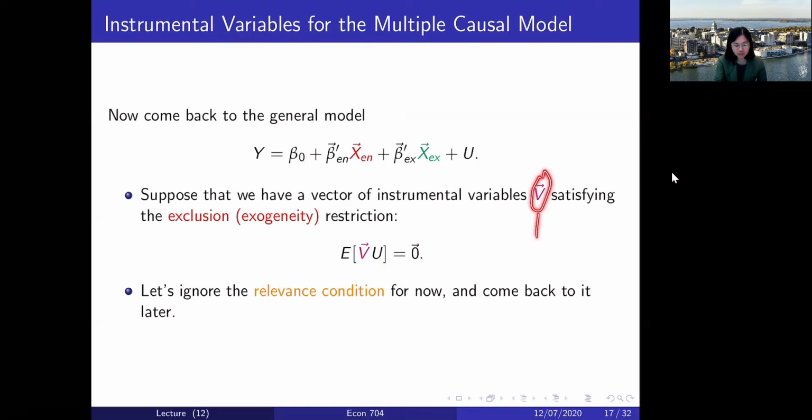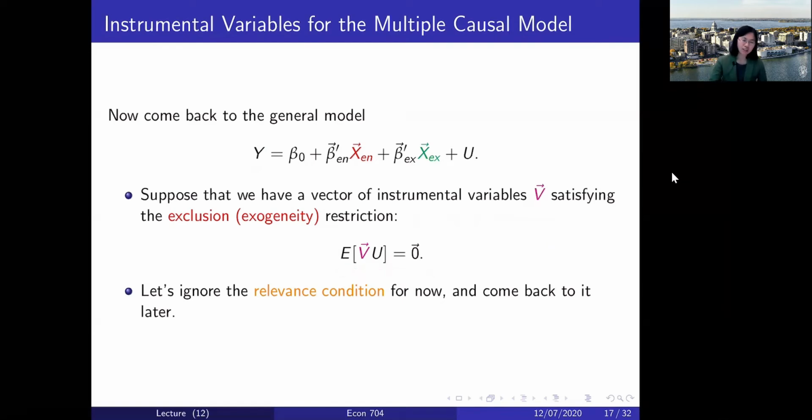It's called exclusion in the sense that V is uncorrelated with U, so V may not be among the factors included in U, which means V should not be part of the generation process of Y. So generally, we argue for this condition by arguing that V did not participate in the generation of Y. So V is excluded from the generation process of Y.